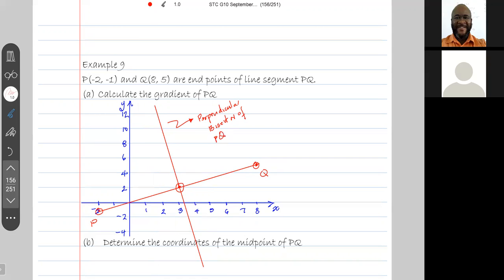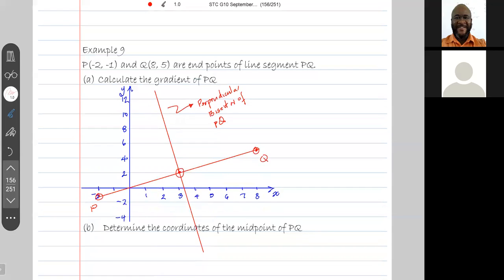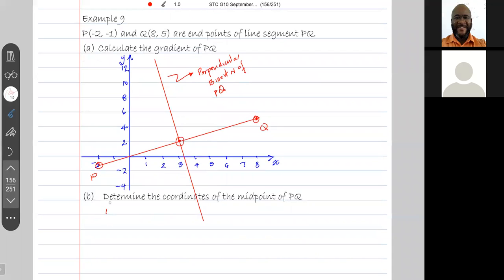So here's what we're asked. We're asked to determine the coordinates of the midpoint of PQ. M, the midpoint of PQ, is (x1 plus x2 over 2, y1 plus y2 over 2). Call these x1, y1 and x2, y2.